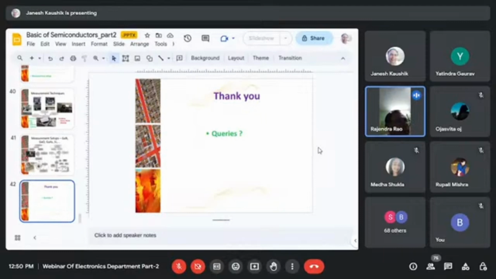Dr. Janesh Kaushik. So let us brief about the IETE in some words. The Institution of Electronics and Telecommunication Engineers, a government body situated at New Delhi, was founded on 2 November 1953.